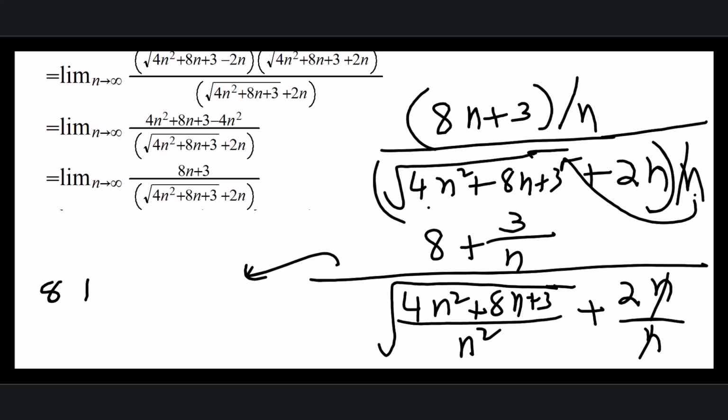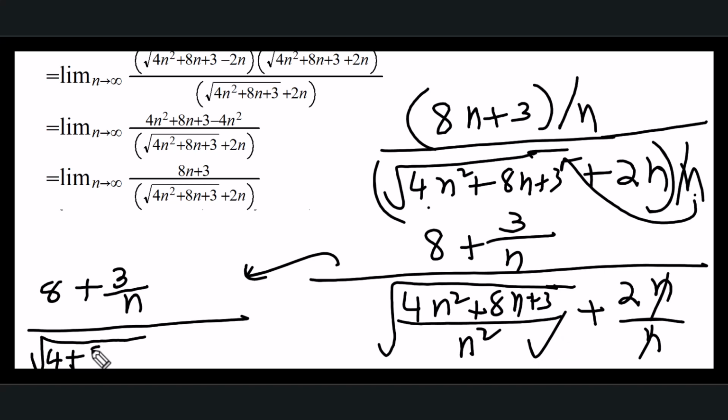So what will this quantity become then? This will become 8 plus 3 over n, divided by the square root of 4 plus 8 over n plus 3 over n square, and then plus how much?